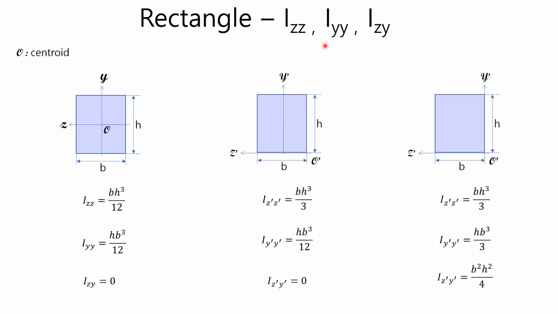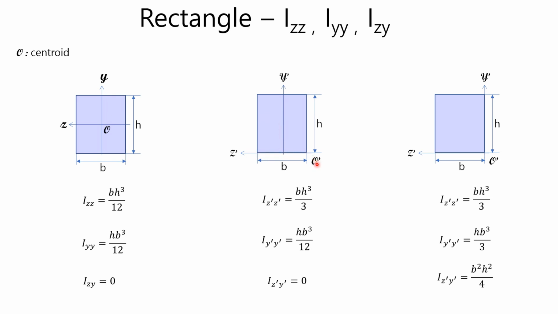This picture shows the second and the product moment of area for different coordinate systems. The first case shows the coordinate origin is at the centroid. The denominator is the same for two axes, and the product moment of area equals 0. The second case shows a vertical axis passes through the centroid, and the horizontal axis moves to the base.